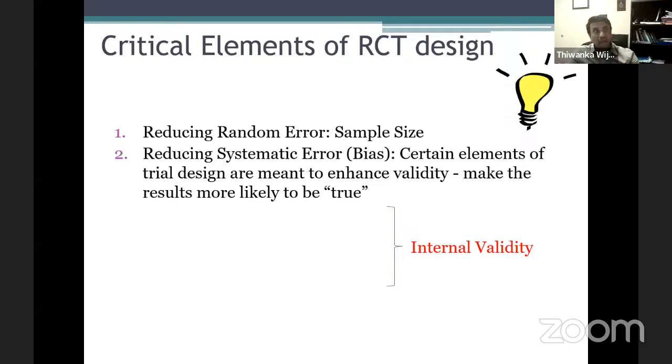So those are called unmeasured confounders in a clinical trial. Just based on the fact of randomizing, one of the advantages is some of these unmeasured confounders will be balanced out between the 2 groups.